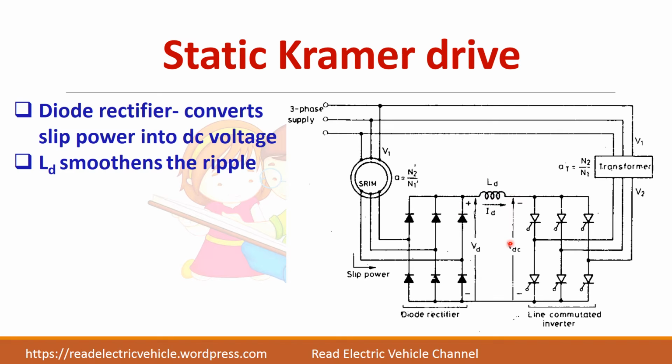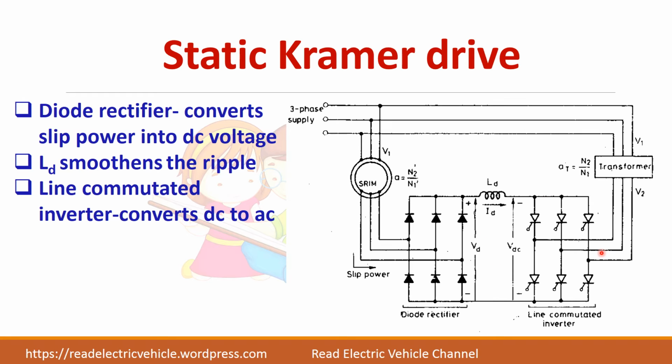Then this DC is again converted to AC by the line commutated inverter, and this AC output, which will be equal to the supply frequency, will be connected to the three-phase supply using a transformer. We call it a line commutated inverter because natural commutation occurs in this thyristor inverter.